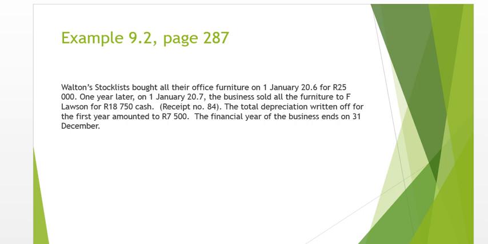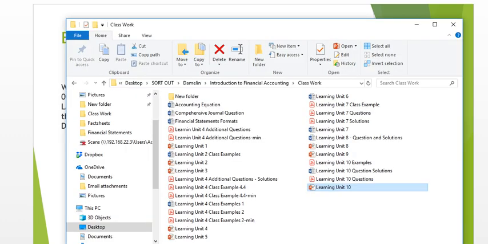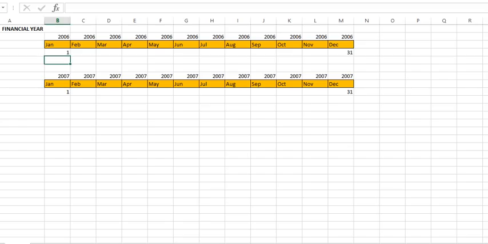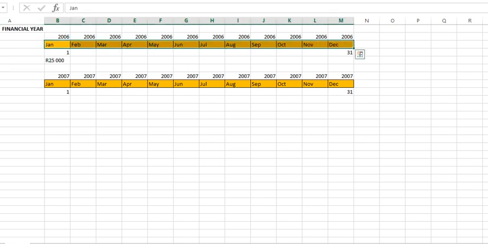So if we draw our timeline, we bought this furniture on the 1st of January 2005 for 25,000 Rand. That was the cost price of this furniture. We held it for the full 12 out of 12 months, and it depreciated at a value of 7,500 Rand.